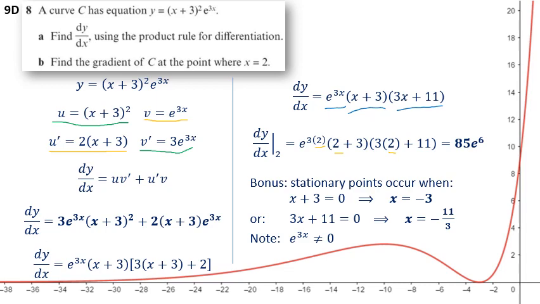But then there's also a maximum point, because the quadratic would like to start to rise again as the x values get large negative, because they're squaring a large negative number. But before they can get very far, the exponential decay takes over, and the dominant function in that partnership between the quadratic x add 3 squared and the exponential e to the 3x is always going to be the exponential.